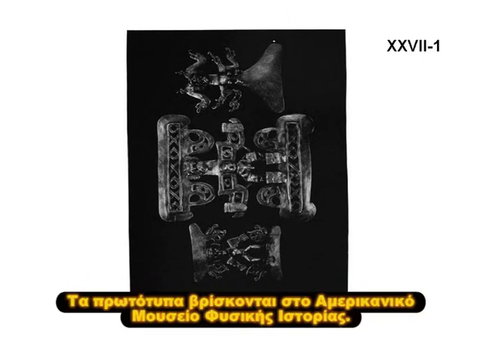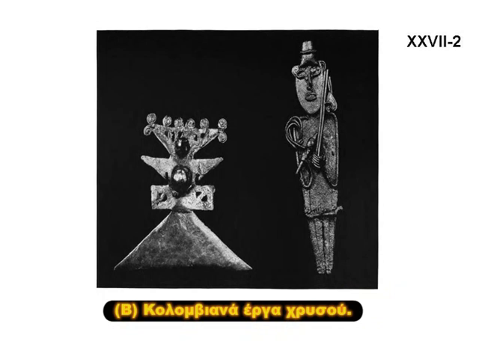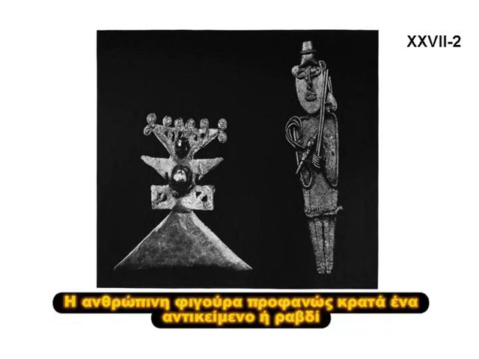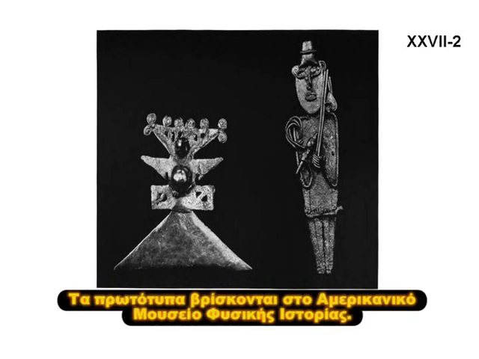Doubtless mythological subjects. The originals are in the American Museum of Natural History. B. Colombian gold work. The human figure apparently holds a staff or wand and may represent Bochica or similar personage. The originals are in the American Museum of Natural History.